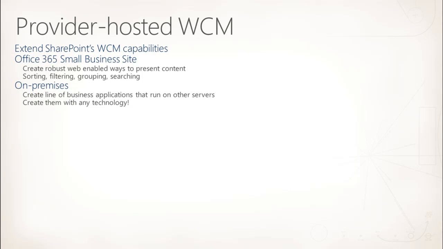You could take these same patterns, use what I've shown you today, and build a more robust content query type capability to pull data out of SharePoint or other places and land it on your Office 365 small business site as well. So that's definitely a scenario you might want to use.